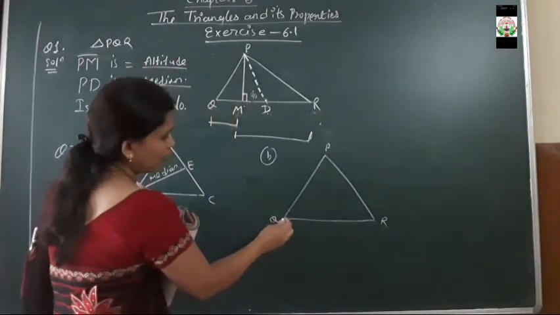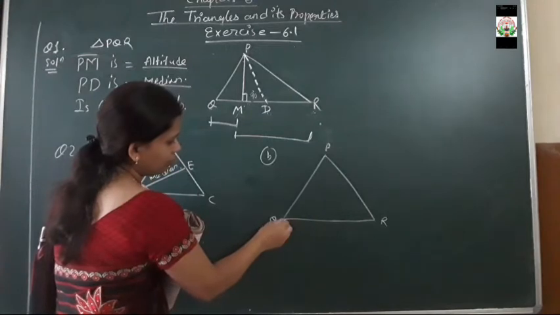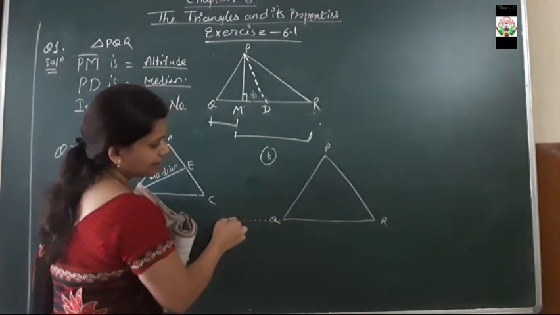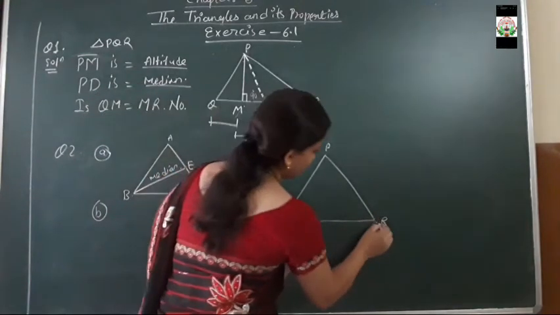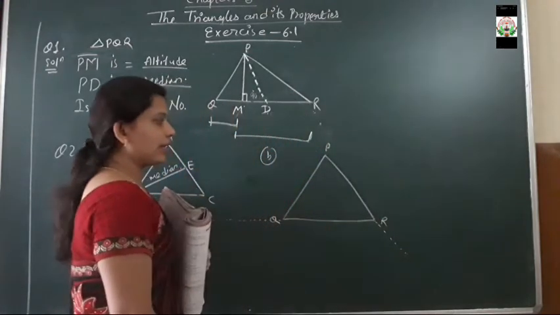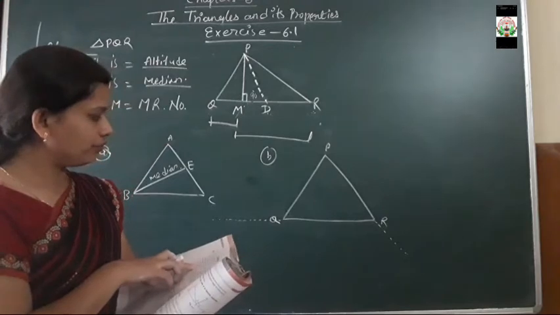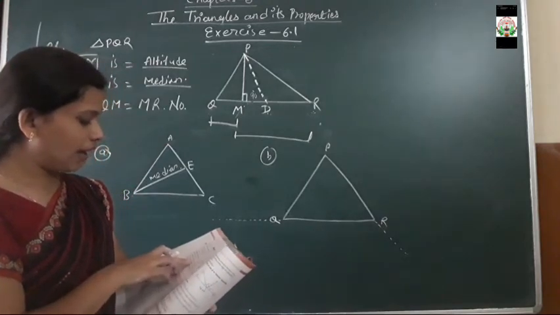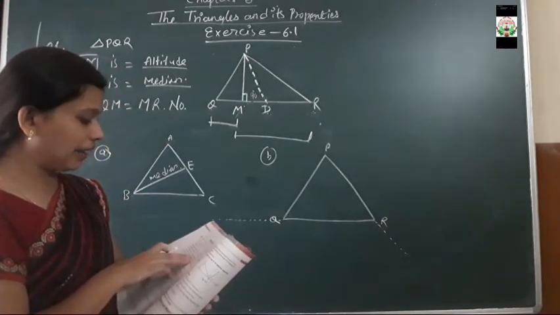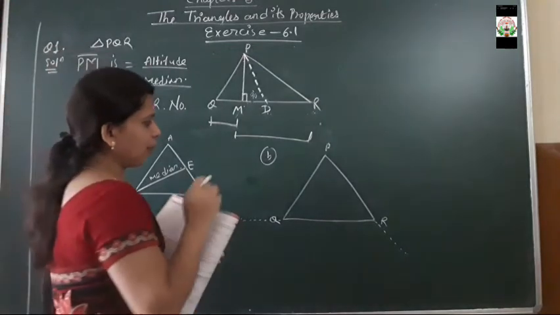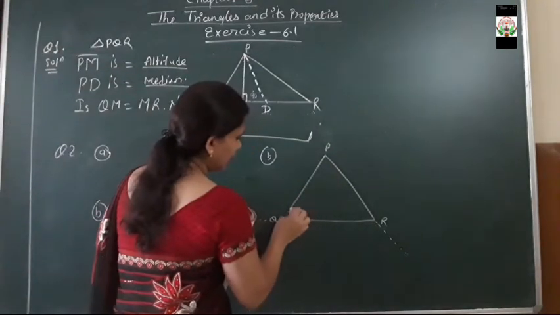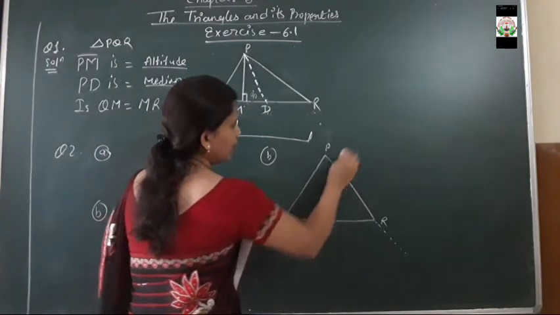So making PQ an altitude, what you have to do is just produce the line. If PQ is the altitude of the triangle, we can say that it will make 90 degrees.